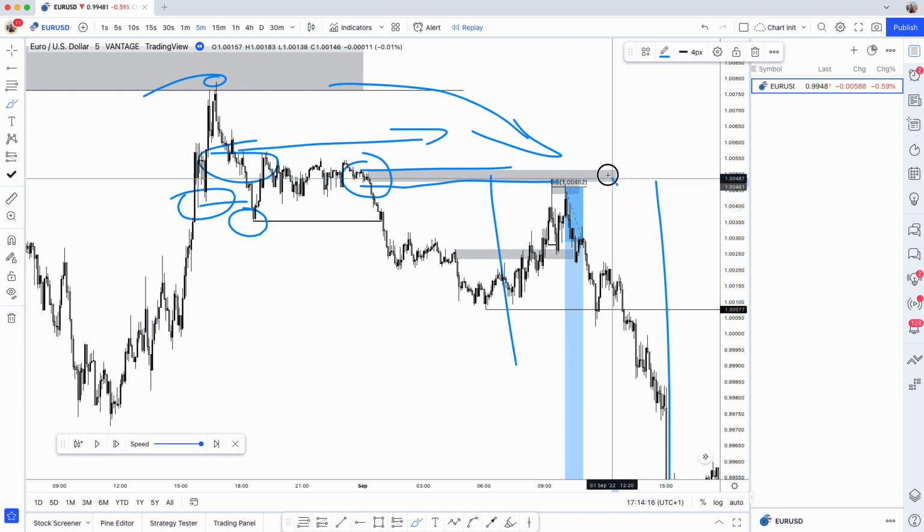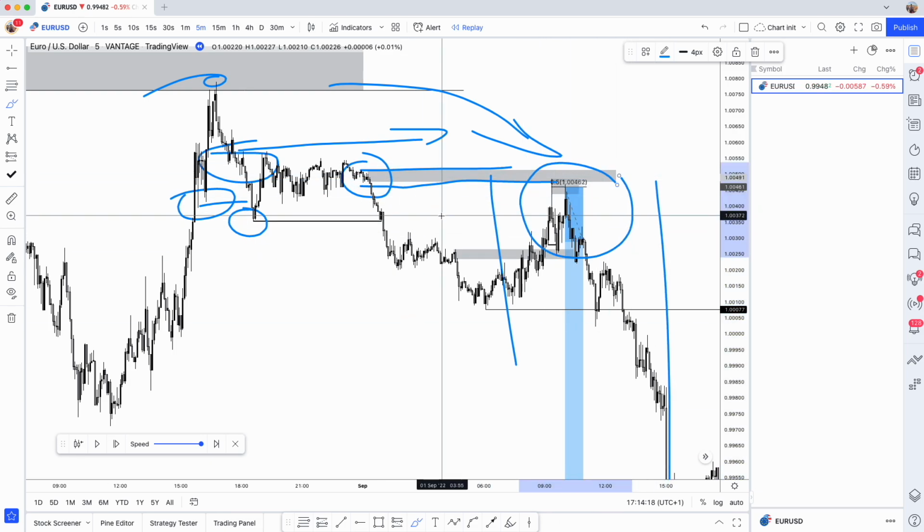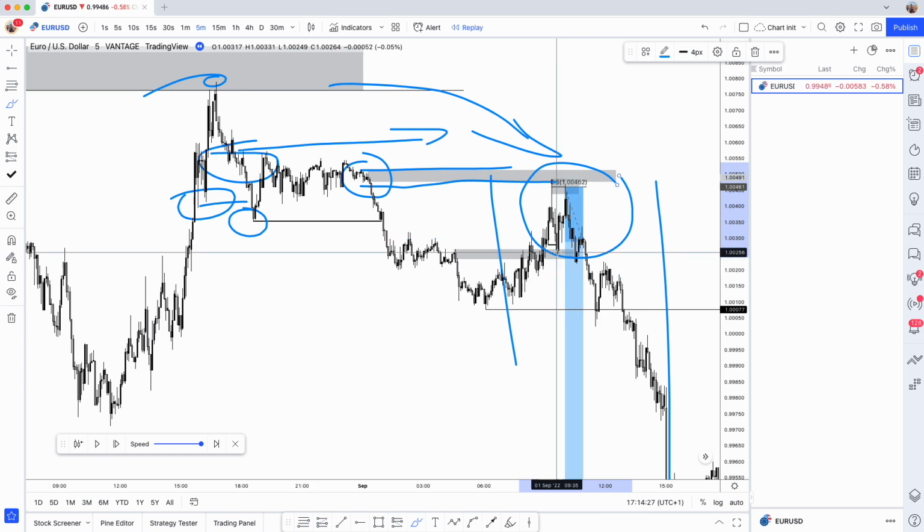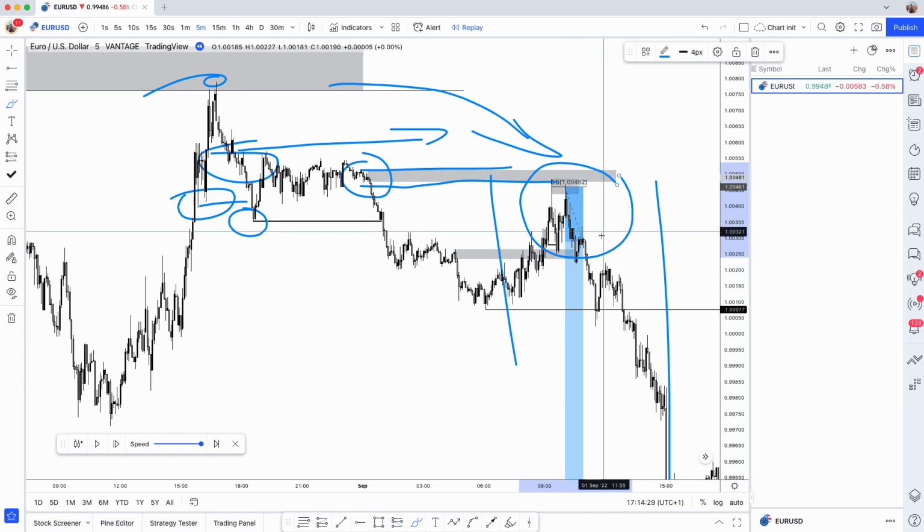So again, this trade was controlled in terms of what time we've taken it, because it's all in our control. Say for example this happened outside of London, we just missed a move, which is fine, but we're sticking to our rules, and this is how you can maintain that discipline. We stuck to our rules in terms of trading London session.